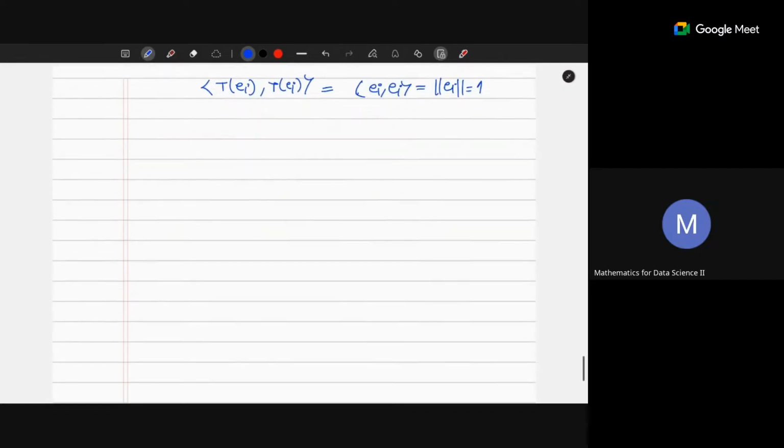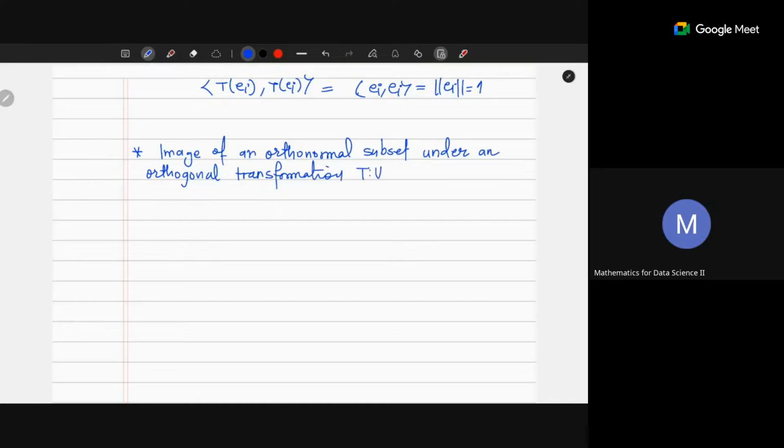Okay, so let me write it. In particular, the image of an orthonormal subset under an orthogonal transformation is an orthonormal subset of W, or of the codomain.